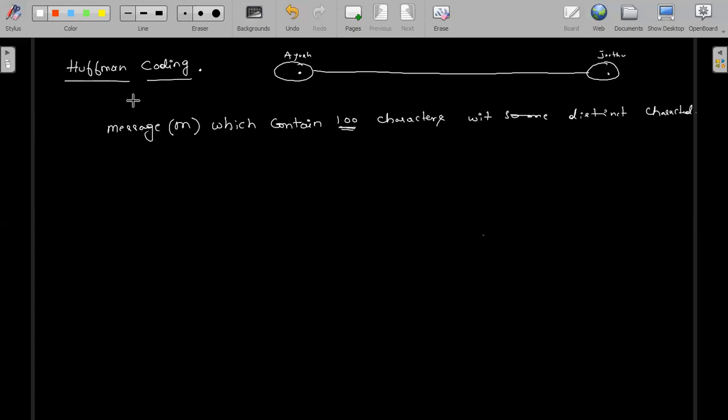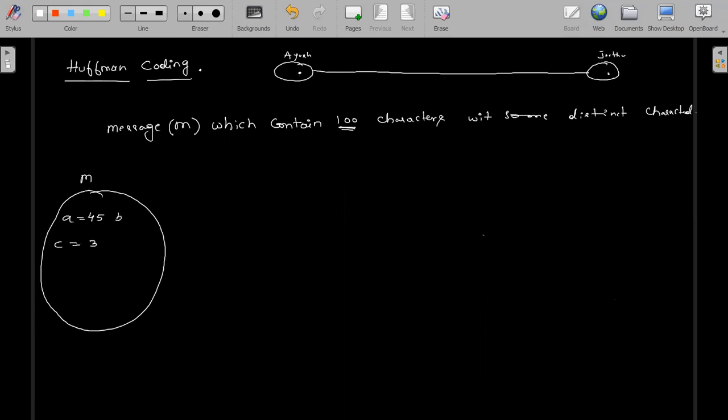Now, there is one message M like this. In that 100 characters, A is repeating 45 times. Again, C is repeating 3 times.